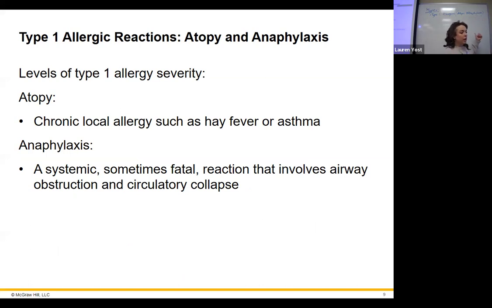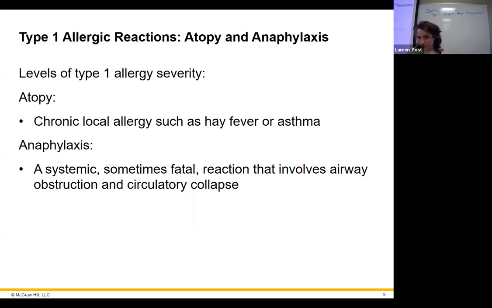So we have the differences here, atopy and anaphylaxis. Atopy, or atopic reactions, are going to be dealing with the local. So it says chronic local allergy, and I don't mean that you are allergic all of the time, constantly having an allergic reaction. That's not what we mean by chronic allergy, okay? What we mean is that for your entire life, you are allergic to cats.